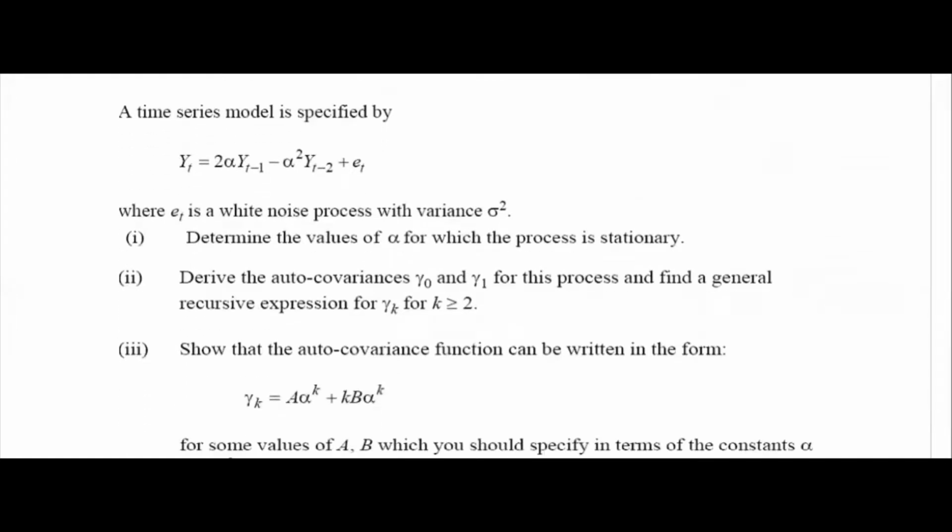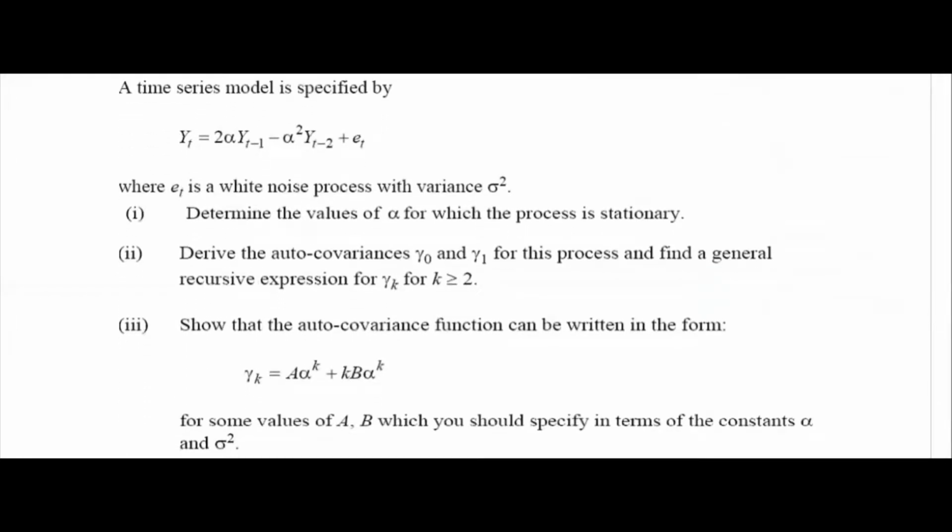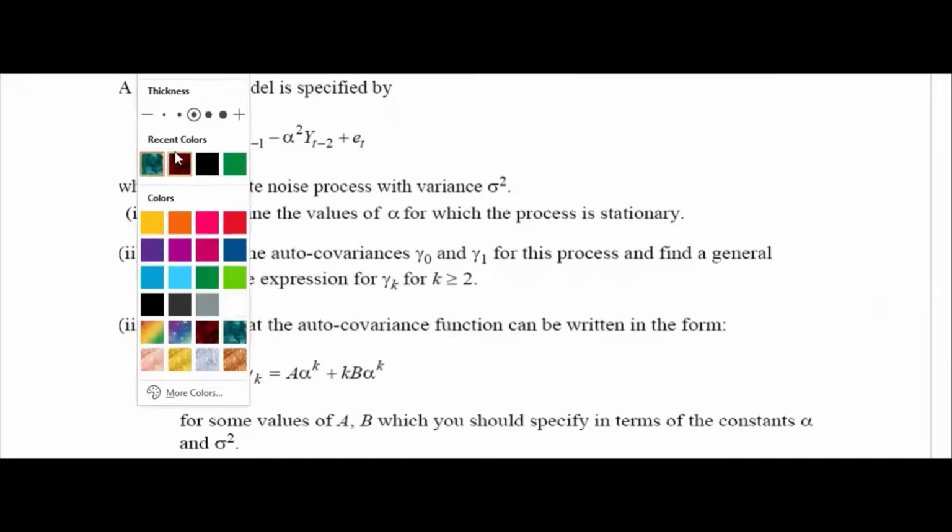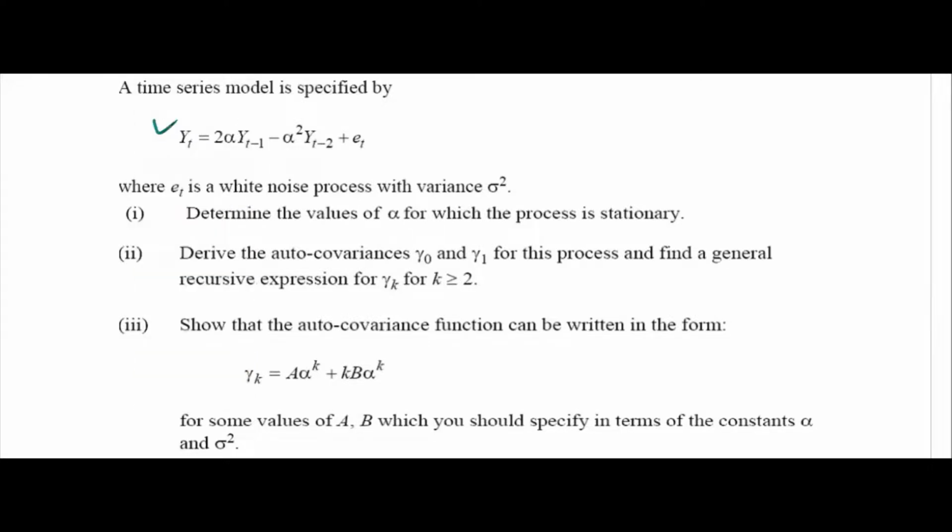This is the time series model where it is a white noise process with variance sigma square. Determine the values of alpha for which the process is stationary. So the question is, determine the value of alpha for which the process is stationary. That means you have to solve this, right?